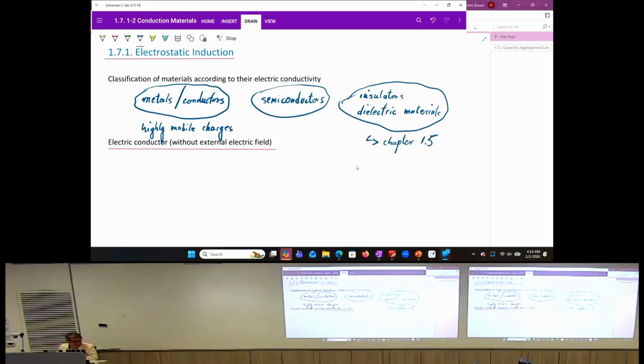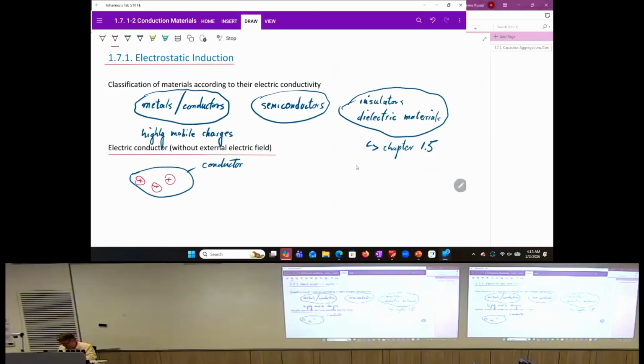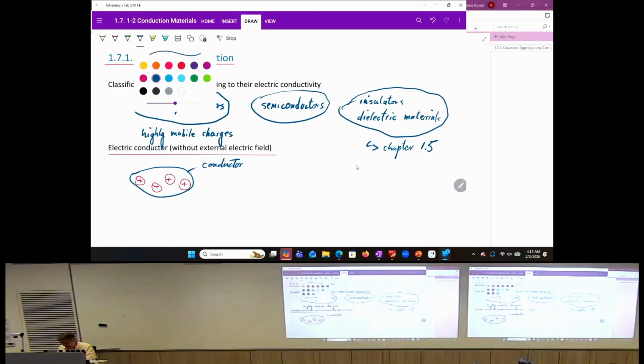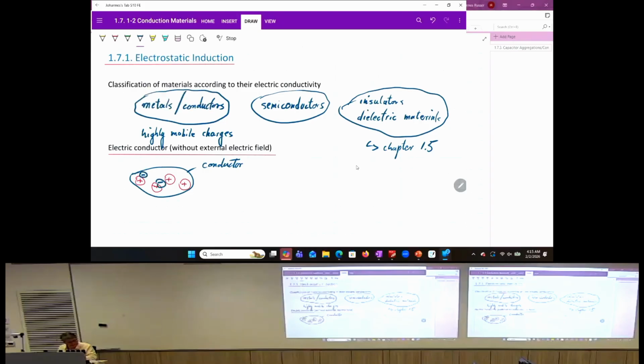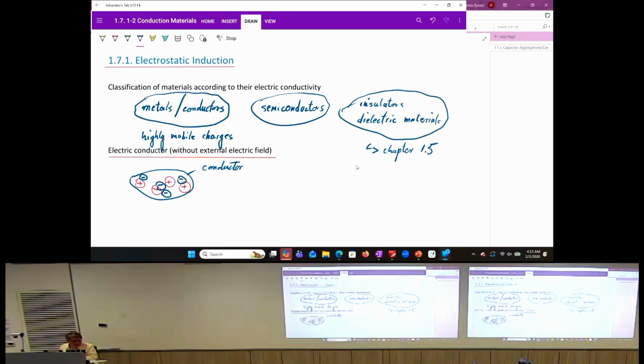So let's think of some conductor here. We have some conductor, that could be some metal. So you have charges distributed here, and actually you have charges of 2 kinds. You have these positive charges, you have negative charges, and in total you have a very large number of charge carriers.